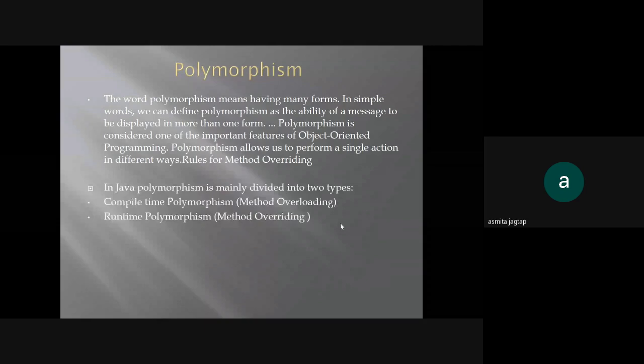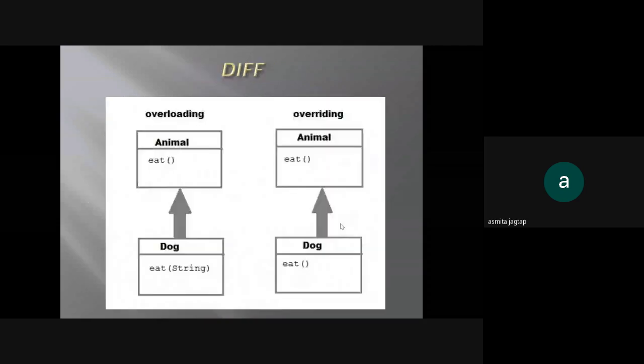So the overloading concept is like each method being present in both child and parent, having different parameters passed. That is based on the type and number of parameters you pass, like two parameters or three parameters. Depending on that, we do overloading.